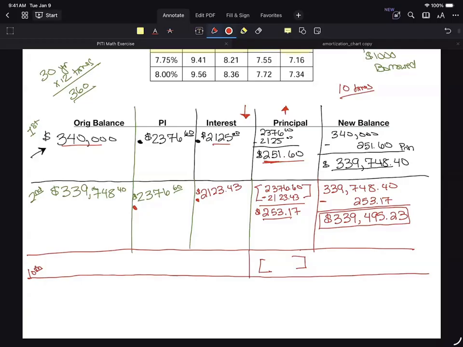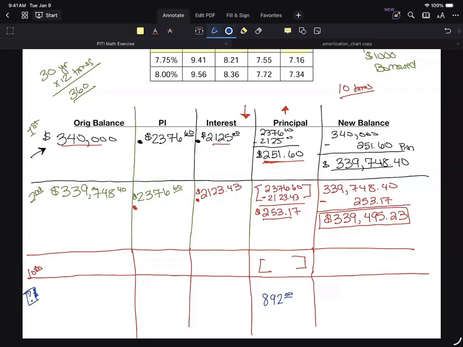Now, one more thing before we go. Pick another color. Sometimes on the test, what they'll say is, Abby's principal payment in this month was, let's say, $892.